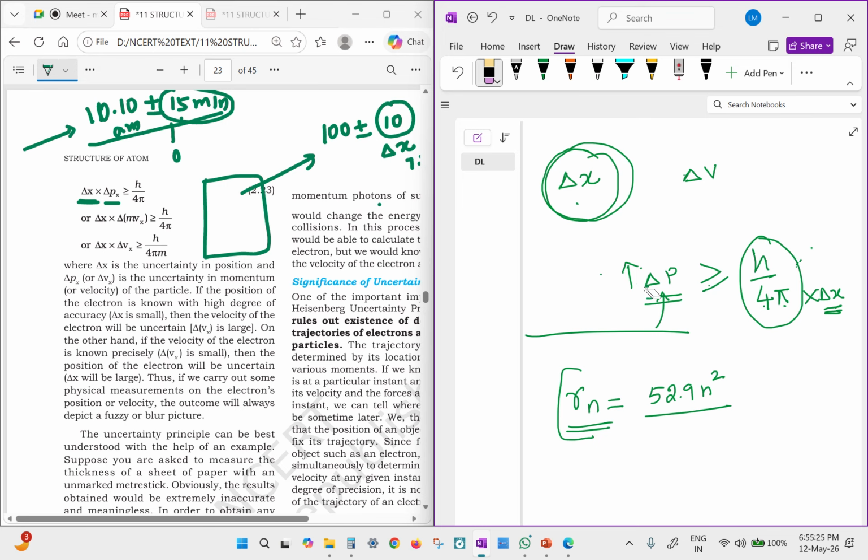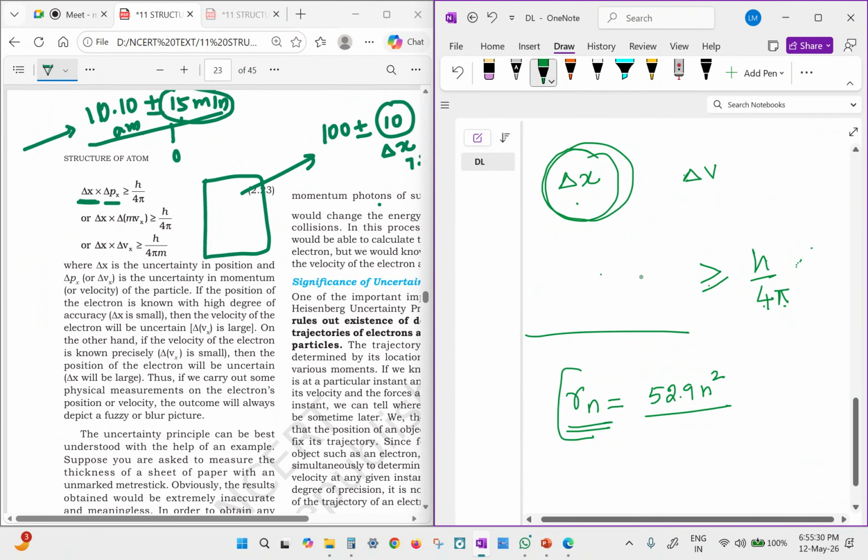And the converse is also true. If you have the expression del x times del p, what is del p? Del p is m times del v. Mass is not uncertain. Mass is fixed, 9.1 into 10 to the power minus 31.